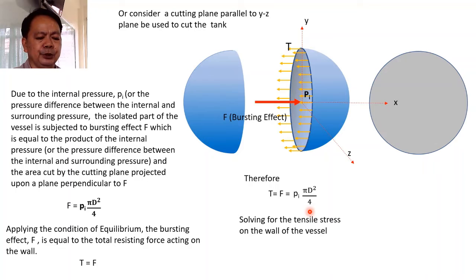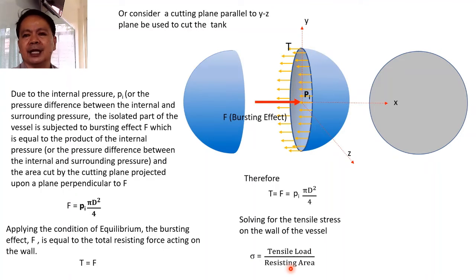If this is used to calculate the stress in the vessel, we take the ratio of the tensile load over the resisting area. How do we define the resisting area? It is the circumference of the circle multiplied by the thickness.